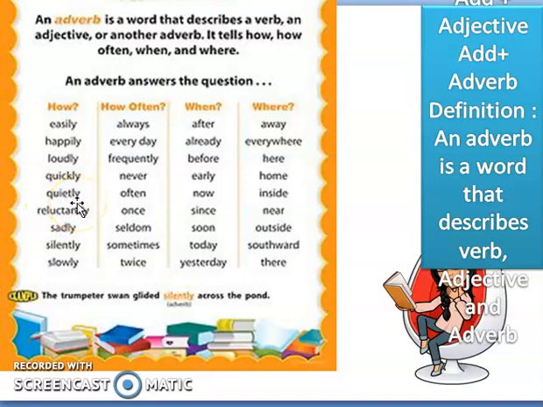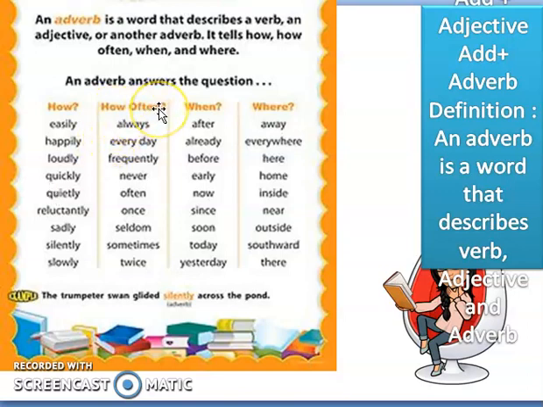Quietly. He reads quietly. How he reads? He did his work quietly. Reluctantly. How he studies reluctantly. Sadly. Silently. Slowly. Don't think that every adverb you can make adverb with ly always. Can't make adverb with ly always.